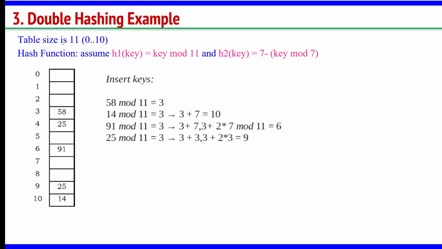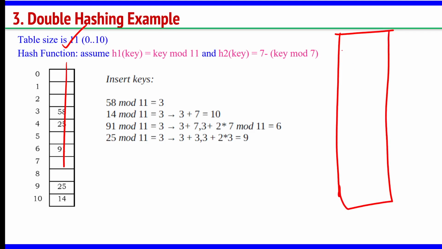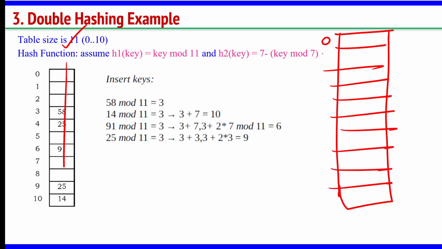Assume I have a table size of 11, so I will just create a hash table of size 11, with locations 0, 1, 2, 3, 4, 5, 6, 7, 8, 9 and 10.